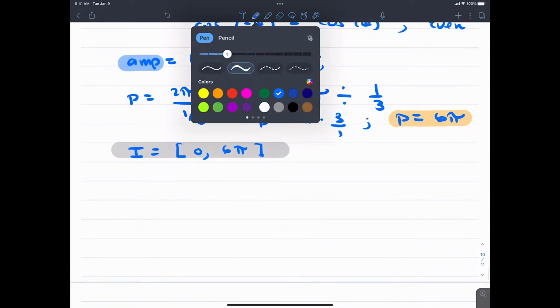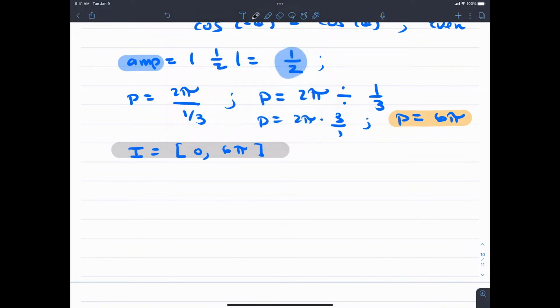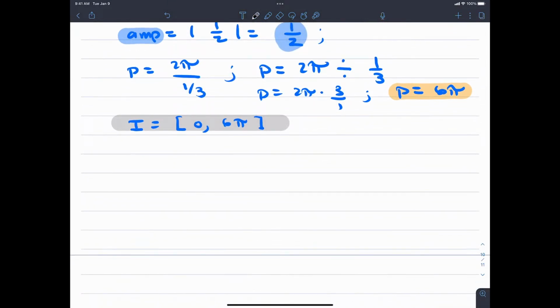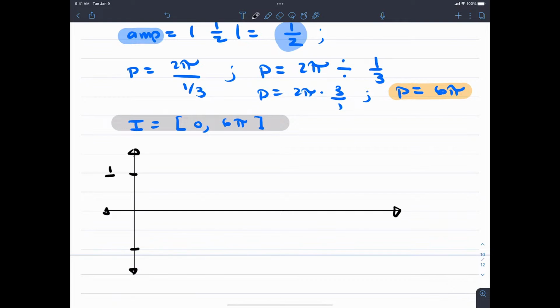Okay, so now, ladies and gentlemen, you say, well, what happens with this stuff now? Well, start to sketch. So we're going to start to sketch this. Okay, so I'm going to put this here and up here. What is the amplitude again? 1/2.